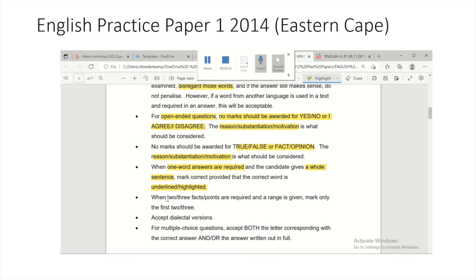Then, when 2 or 3 fact points are required, and a range is given, mark only the first 2 or 3. So grade 11s, this is very important when you are creating your answers. You need to understand that whatever you put for those first 2 points, we are only marking that. So for example, let's say I asked in a test, give me the reasons why children do not like studying.